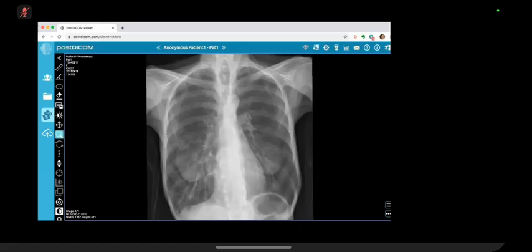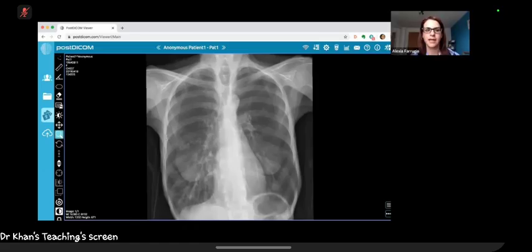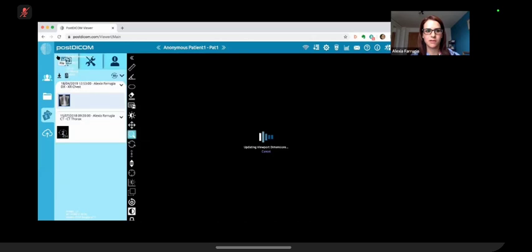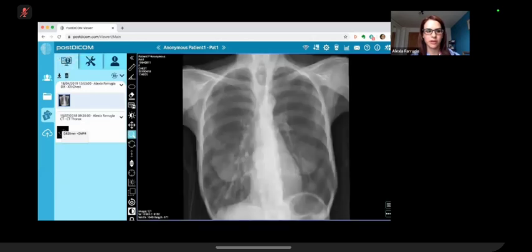She has a history of anorexia, so I'll be concerned about a malignancy. However, given the continuation of the vascular structure, it may also represent an AV malformation. So let's look at her CT. So we did a CT for her.